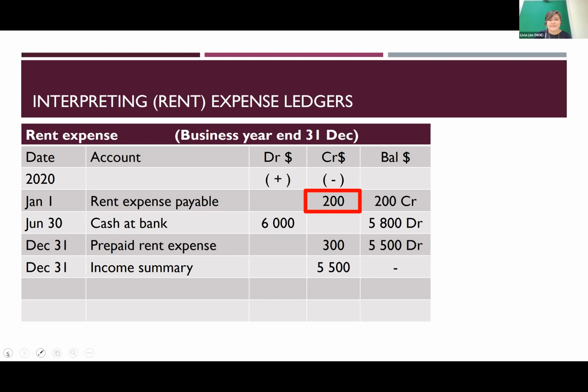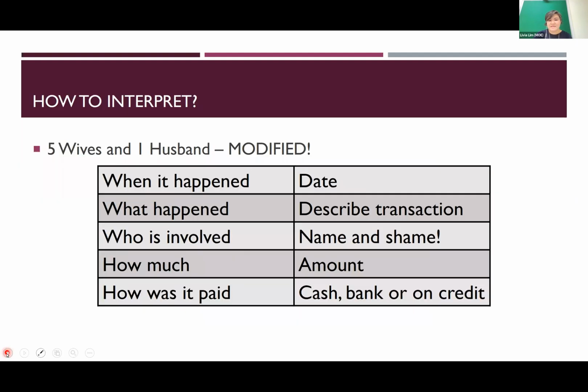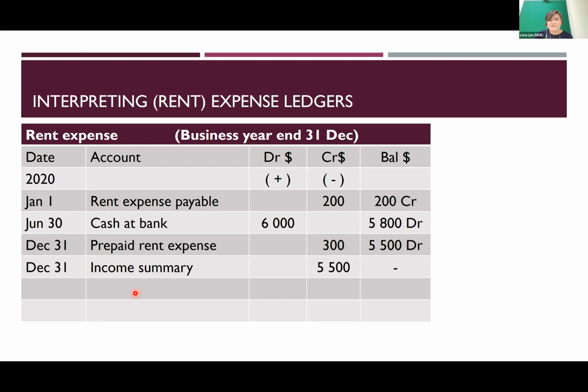So what do we say that we need to include? Date, describe transaction, what happened, who is involved, if you can, name them and shame them, how much and how was it paid. So for rental expense payable, this is what will happen.